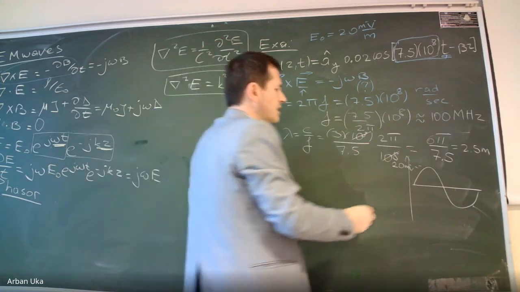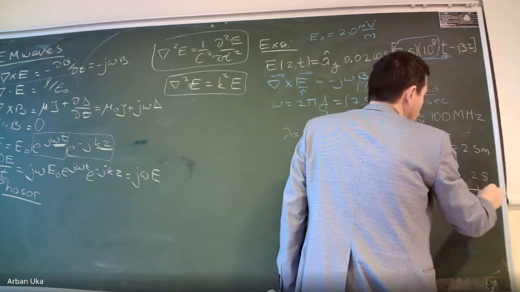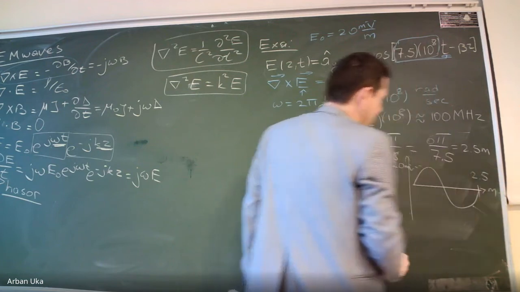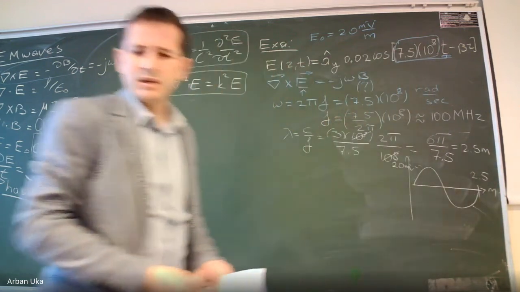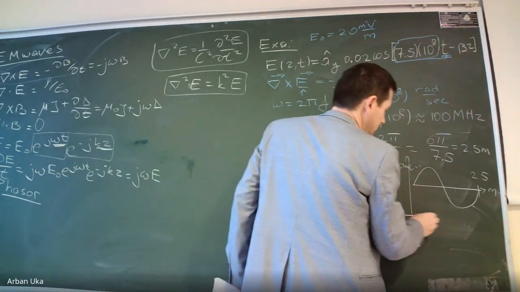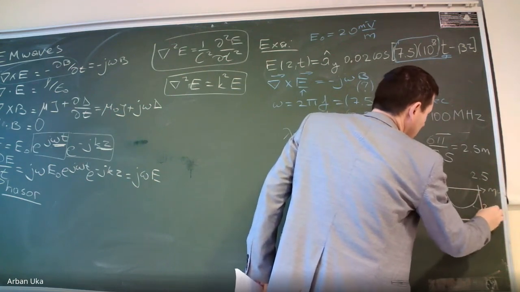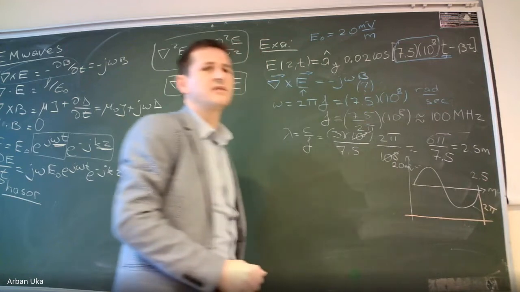And this is in this domain, this is 2.5 meters, okay? If we use a different domain, which is the phase, this 2.5 meters will correspond to 2 pi of phase difference.